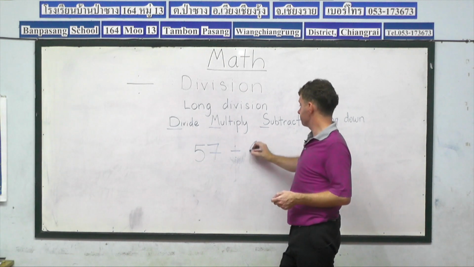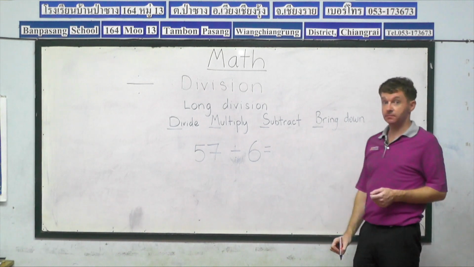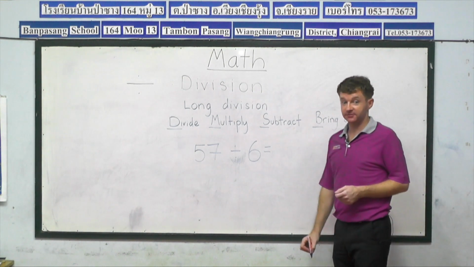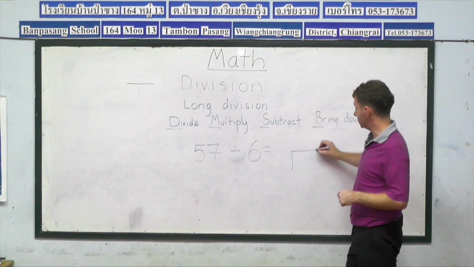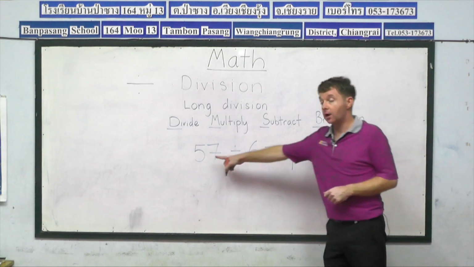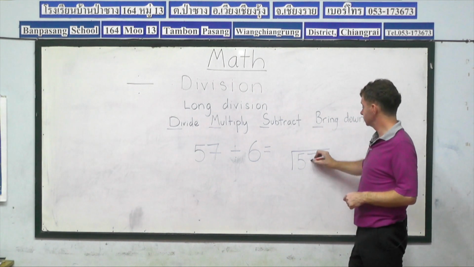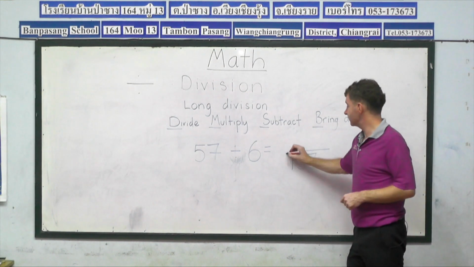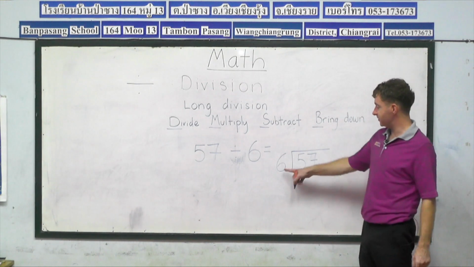Okay. 57 divided by 6. Okay, so let's take a look at this. So first of all, I'll draw my table. The larger number always inside, 57. And then outside, 6.